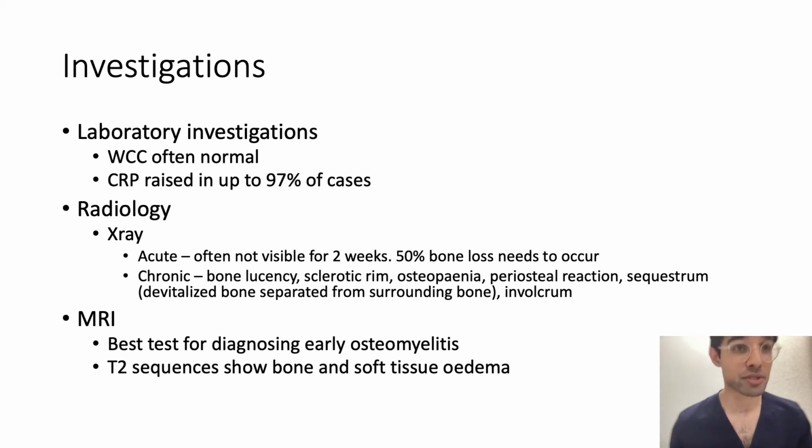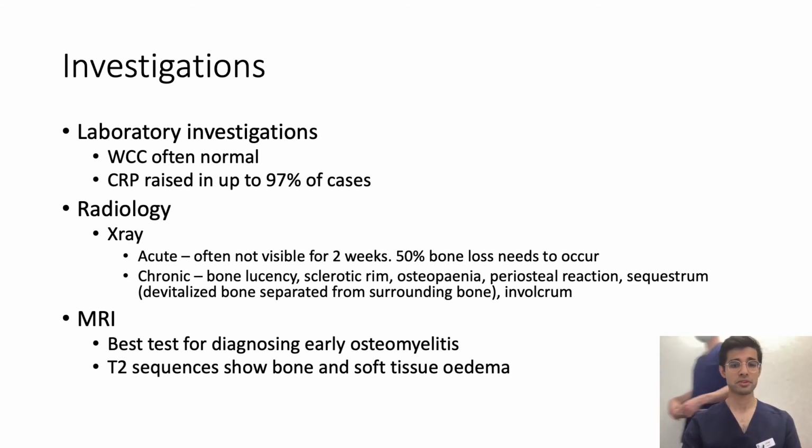From an imaging perspective, X-rays are the first form of imaging that we use, but radiographic changes don't show up till at least 2 weeks, when about 50% of bone loss has occurred. In chronic osteomyelitis, you may see bone lucency, a sclerotic rim, osteopenia, periosteal reaction, and sequestrum, which is devitalized bone separated from surrounding bone, and involucrum.